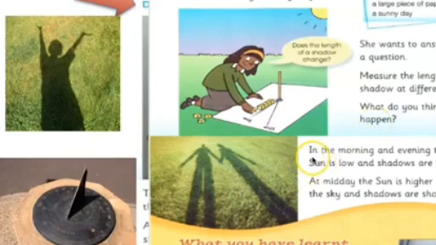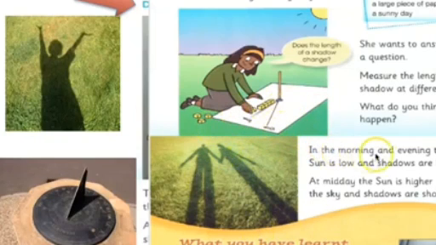Okay, so here is Rita, and she has some blocks, and she's measuring a stick at different times in the day, maybe 12 o'clock, 3 o'clock, 6 o'clock, 9 o'clock, and she's going to measure how long the shadow is.